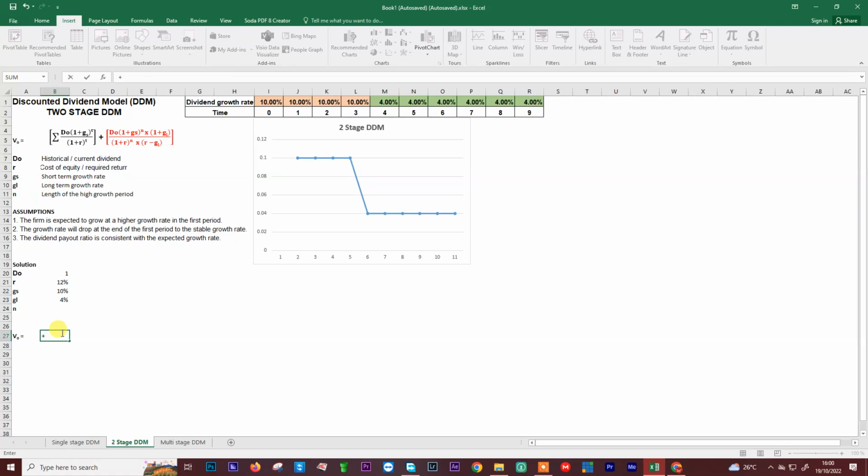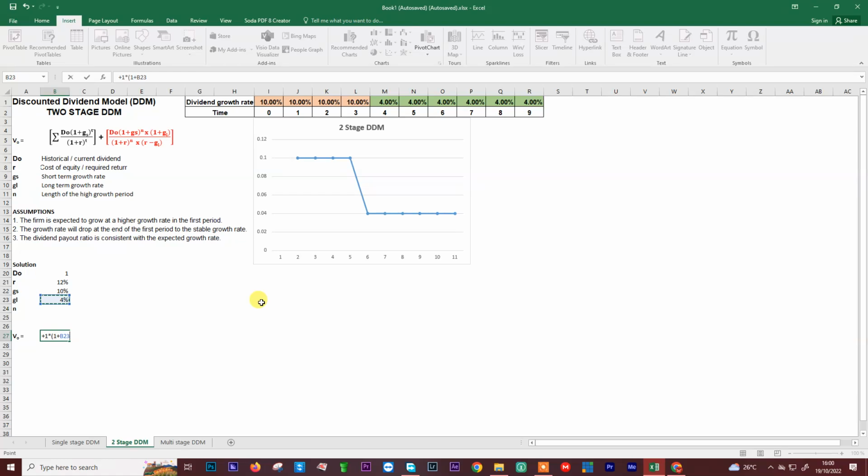The dividend is 1 times 1 plus GS, growth rate in the short term. So 1 plus, what is the growth rate in the short term? You can see GS is 10%, 0.01.